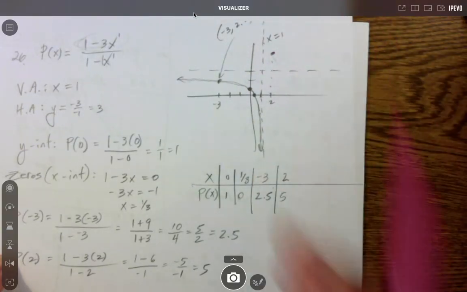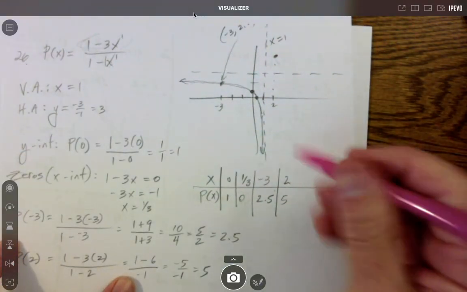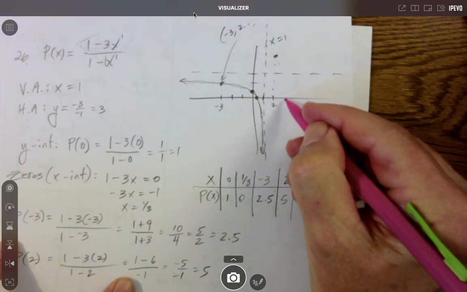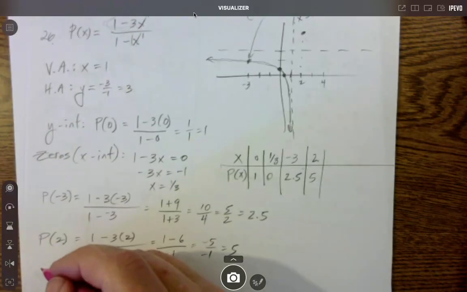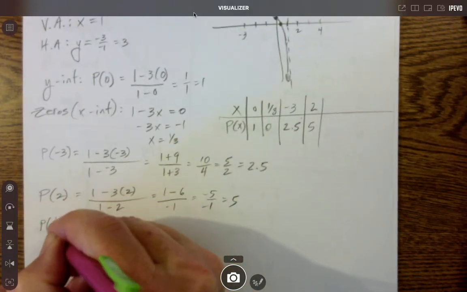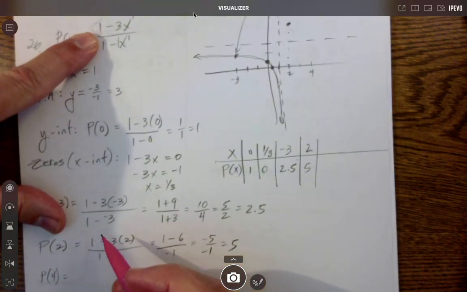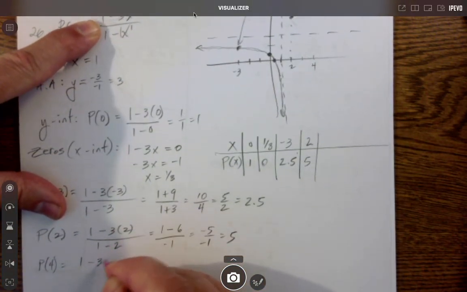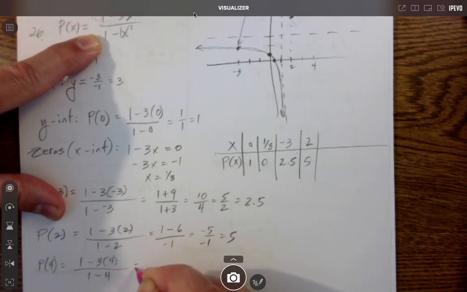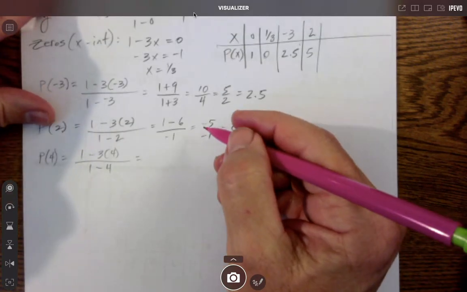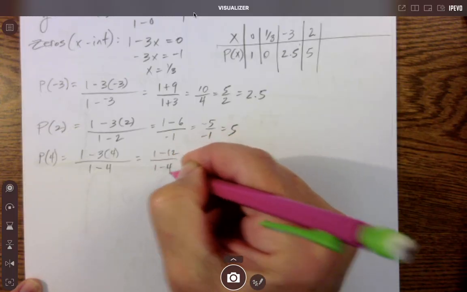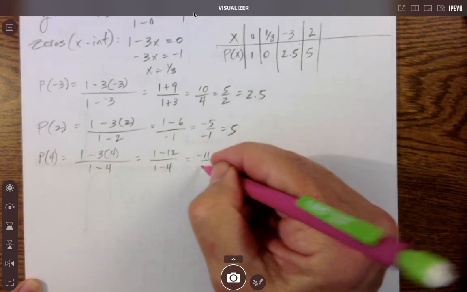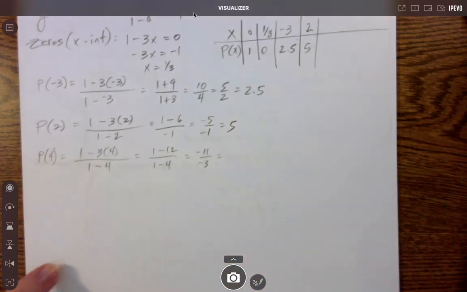Up at 5. And I'll pick another point, how about 4? Let's try 4. What happens there? So p of 4. That's going to be 1 minus 3 times 4 over 1 minus 4, which is 1 minus 12 over 1 minus 4, so negative 11 over negative 3, 11 thirds.